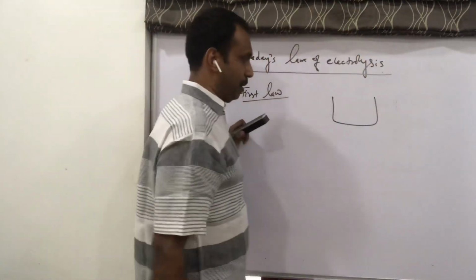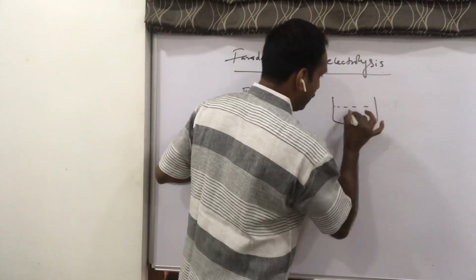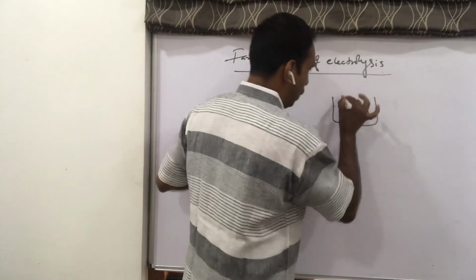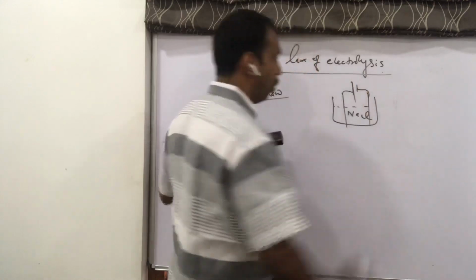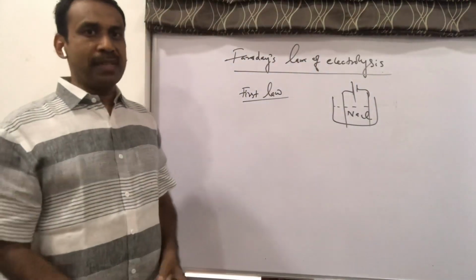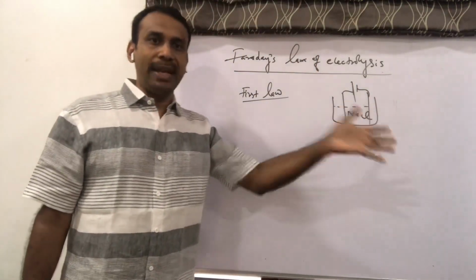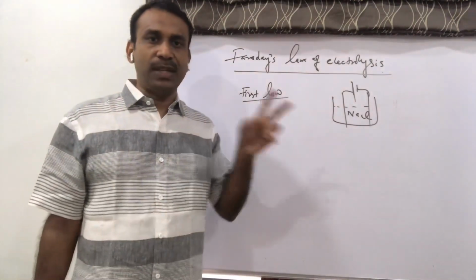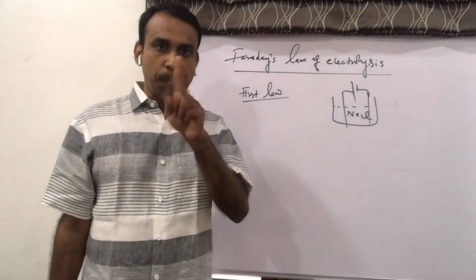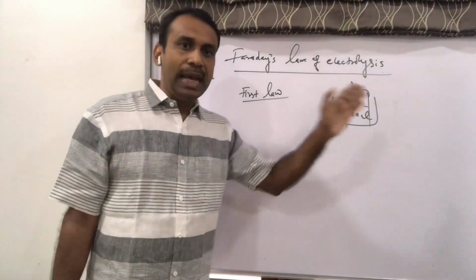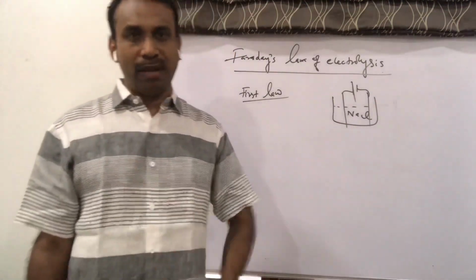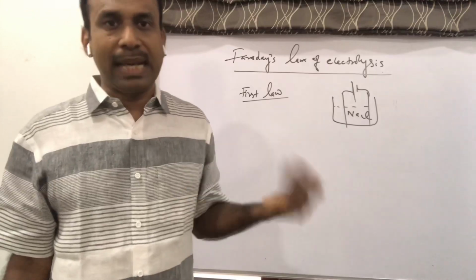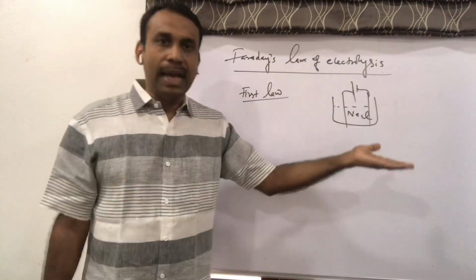Consider a simple example. Now here is an electrolyte, molten sodium chloride. Consider electrolysis of molten NaCl. You pass electricity through molten NaCl. As a result of electrolysis, we get 2 products, one at cathode and another at anode. On electrolyzing molten sodium chloride, we get sodium at cathode and chlorine at anode.